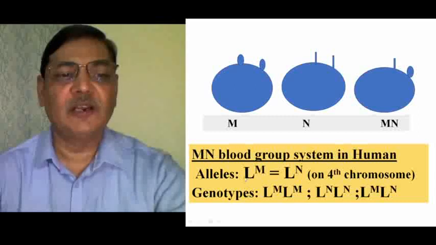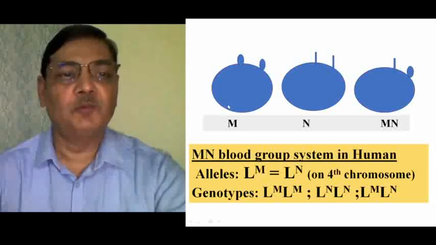L stands for Landsteiner, who discovered this factor, and the alleles M and N determine the blood group of the individual. So there is an MN blood group system in humans, which is quite often considered to explain certain population genetical aspects.